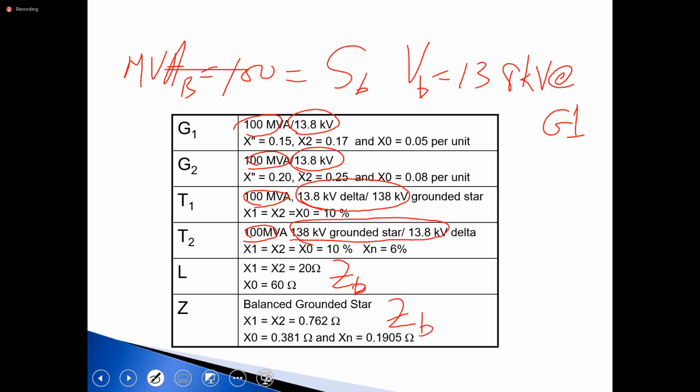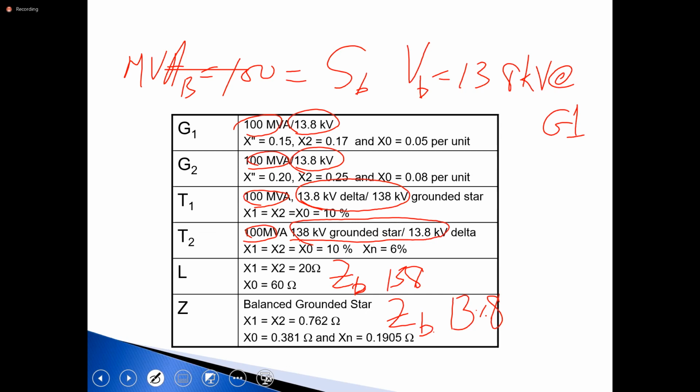But note, for the line, Z base will be calculated using 138, and for your load it would be calculated using 13.8. You get the gist.